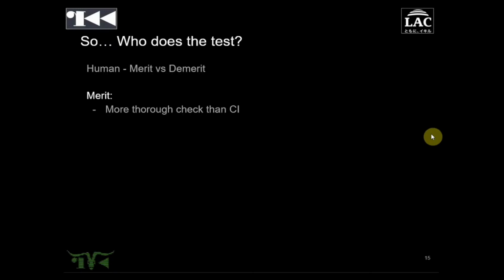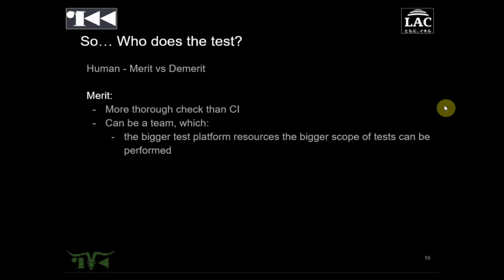And a person with many skill sets can probably support many kinds of platforms to check. So the only problem is resources and time for them to do that. Second, human resources can build a team to check with bigger test platform resources and a bigger scope of tests that can be performed.